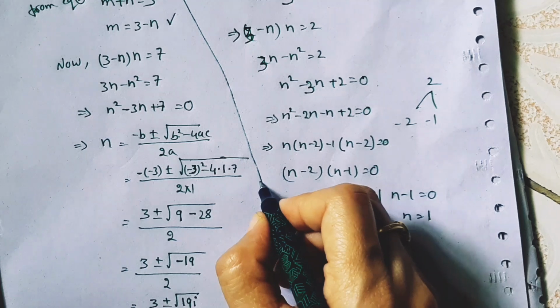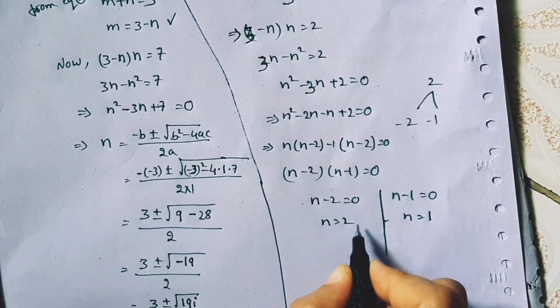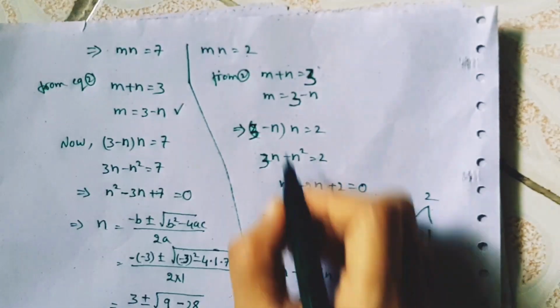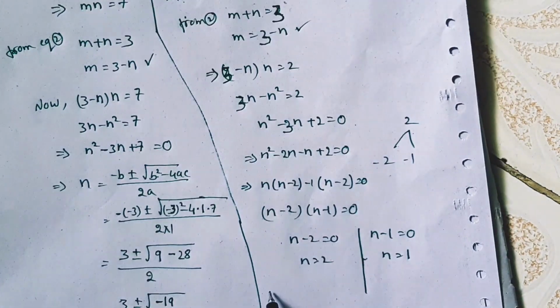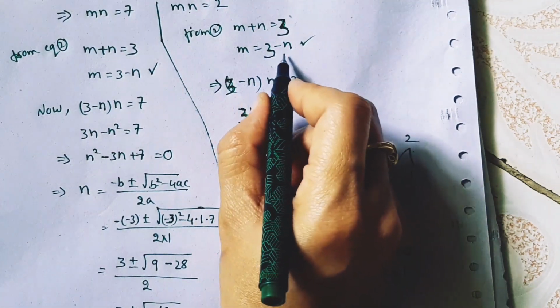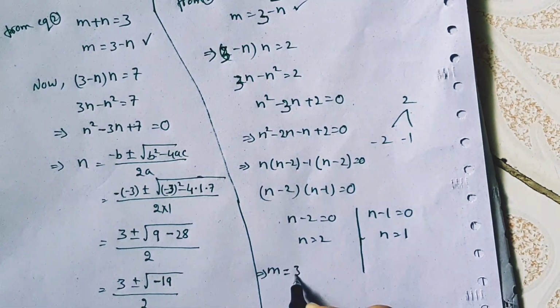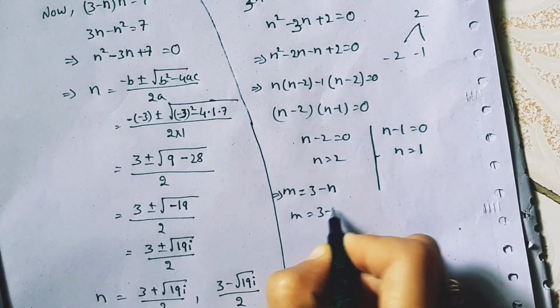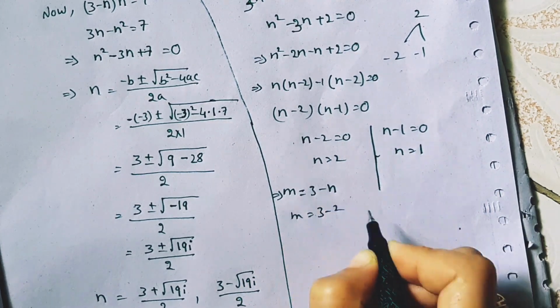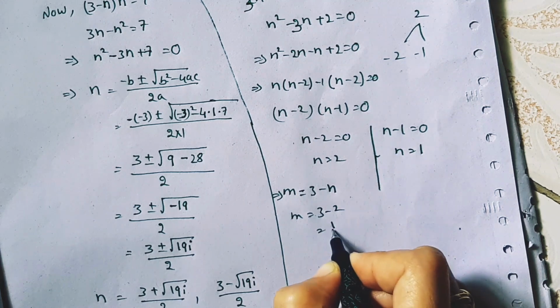Now here also we need to find the value of m. So this n equals 2 I am going to substitute here. m equals 3 minus n, so m equals 3 minus 2, which is 1.